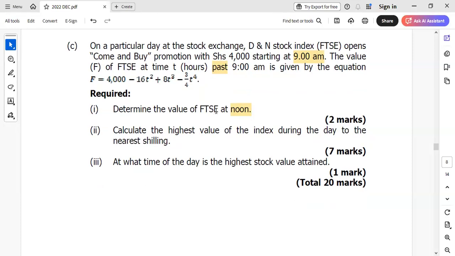Determine the value of FTSE at noon. Remember, this is the time. We are told that the value of F at time T past 9 a.m. is given by this function. So we need the value of F at noon.